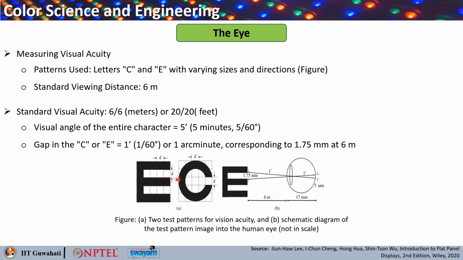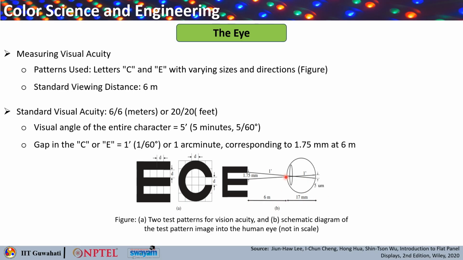So, this gap is basically considered to be equal to 1 arc minute, okay. That is 1 by 60 degree, and that corresponds to 1.75 millimeter gap in the character when it is placed around 6 meter from your eye.